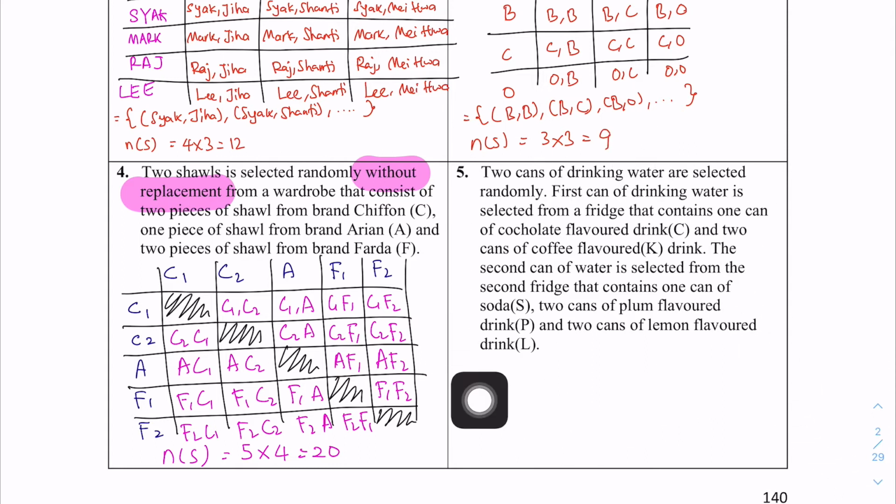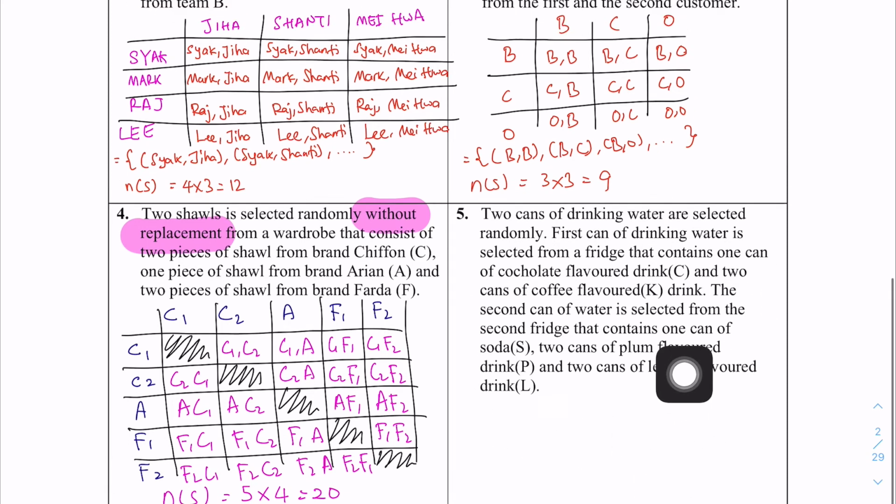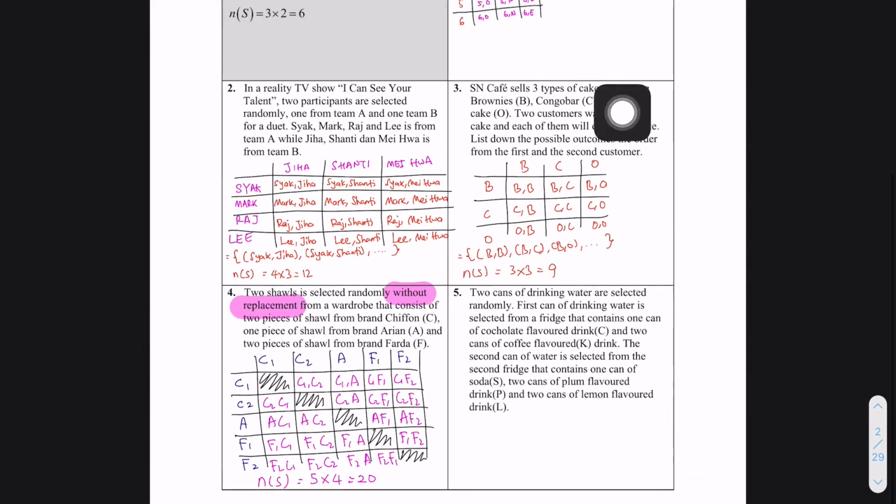I think you don't have any problem. I already showed you 4 examples of how to solve this kind of situation, and I will give you the sample space. And S is 12, the number of outcomes.